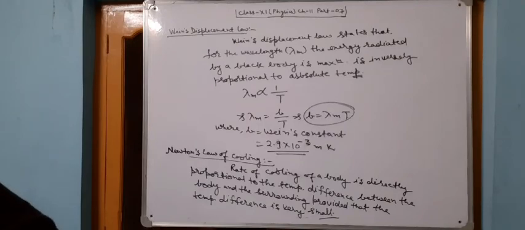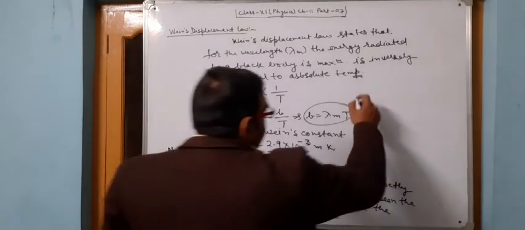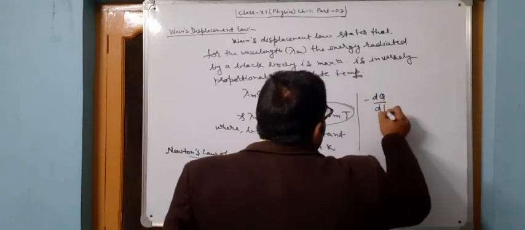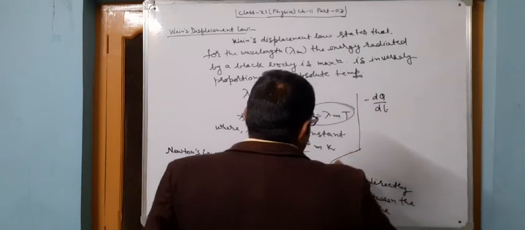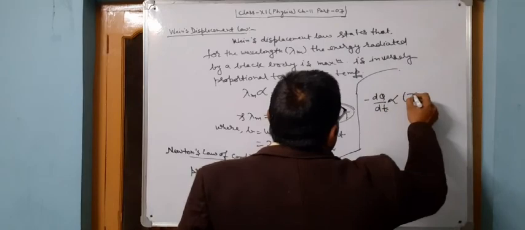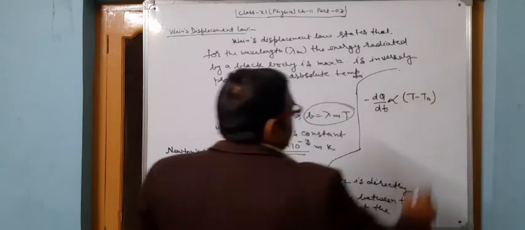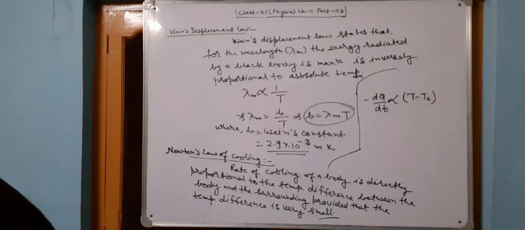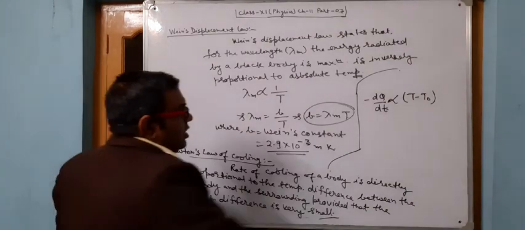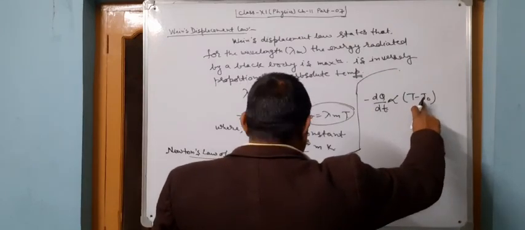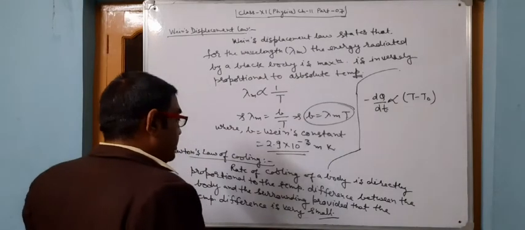And since it is the loss of heat, it is cooling, so it can be written as dq upon dt is directly proportional to T minus T naught. This is the temperature of the body and this is the temperature of the surrounding.